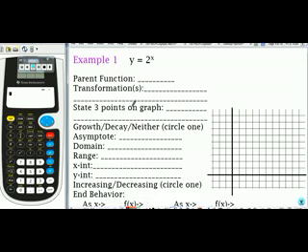So here's my first example. Y equals 2 to the x. The parent function is what I'm looking at. That would be 2 to the x. Transformations, none. In general, I know that this is a basic growth function. It hasn't been shifted up or down.